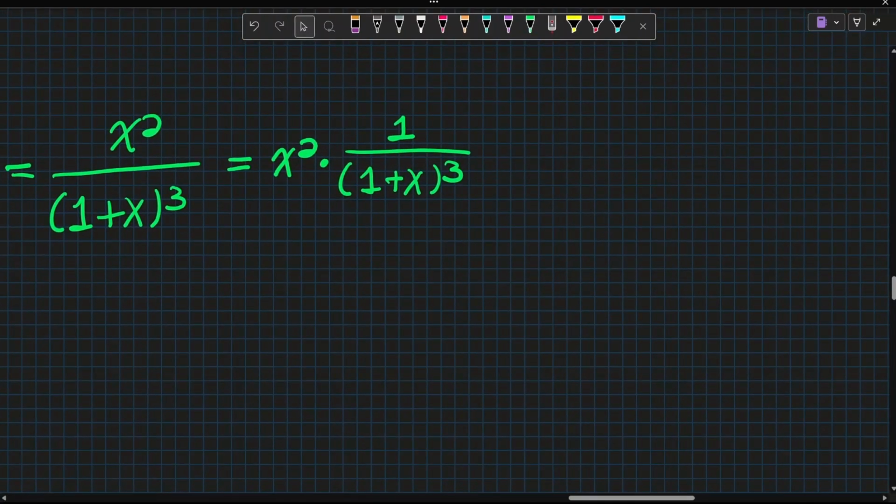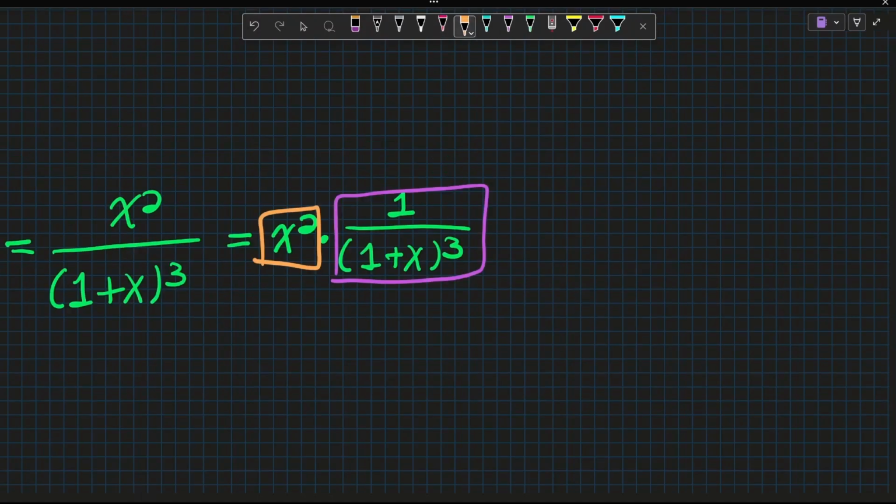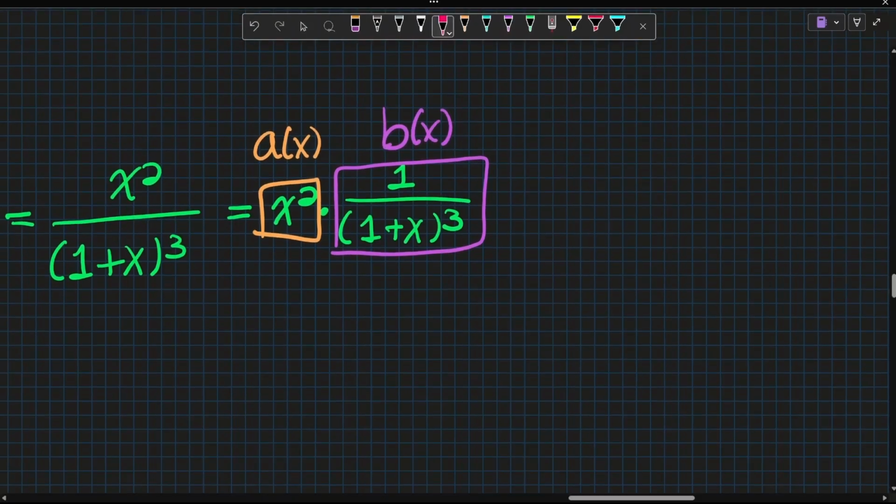Okay, now what do we have to recognize? We have to recognize that we have two functions here. Put some good names. Okay, we'll say a at x, and this is b at x. Okay, now of course together this is h at x.